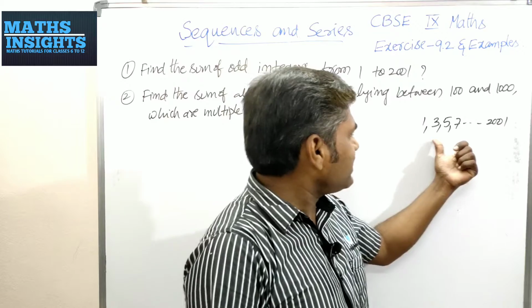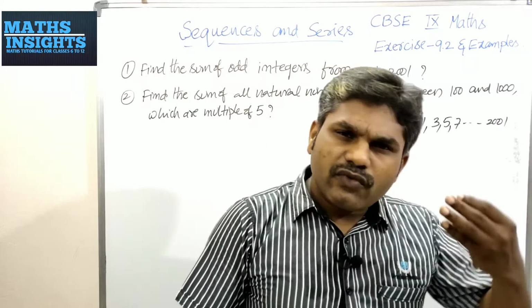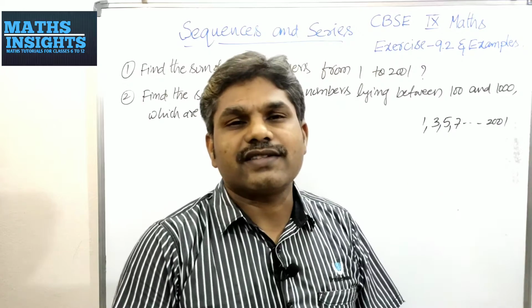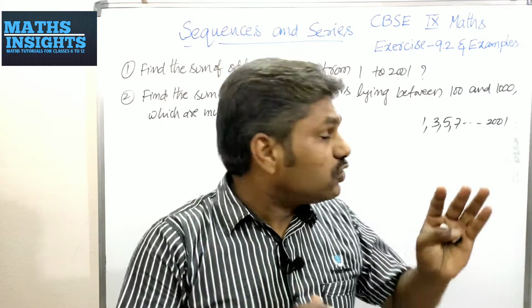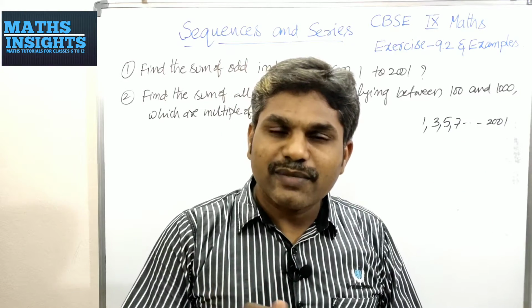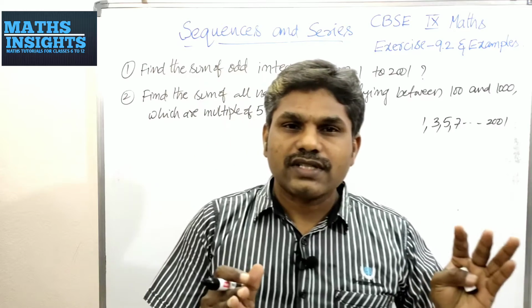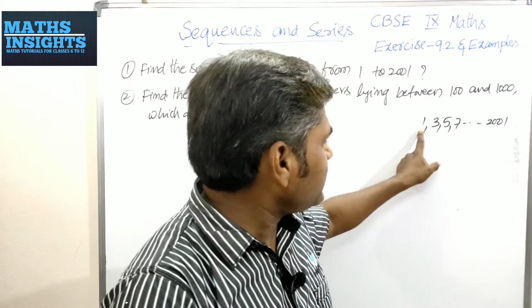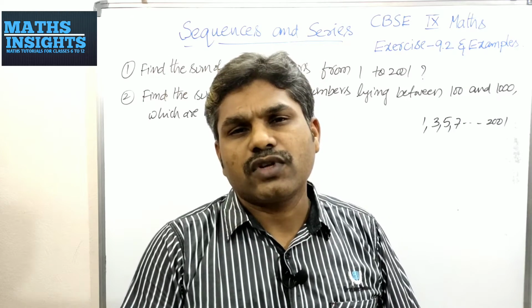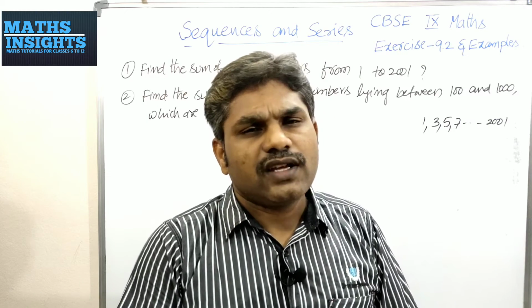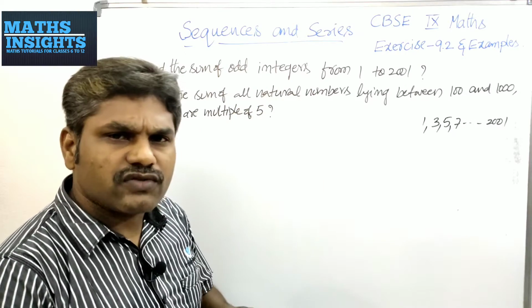Then you have to find the sum of all these. If you want to find the sum of all these odd integers, you have to know how many integers there are, means you have to find the value of n first. By using the first and last terms, you have the formula for Sn, you may use it differently. I will solve the second one. Basing on that, solve the first one.